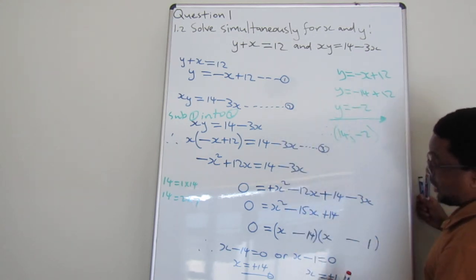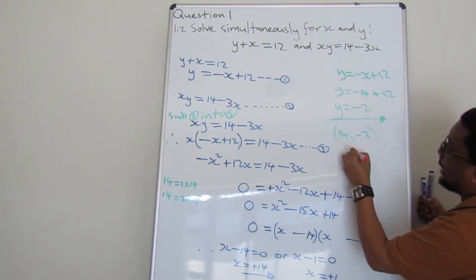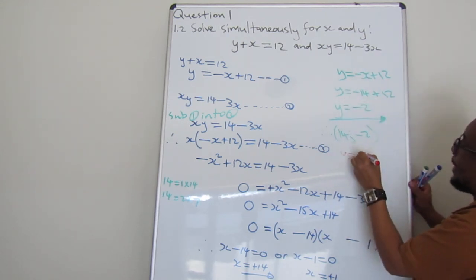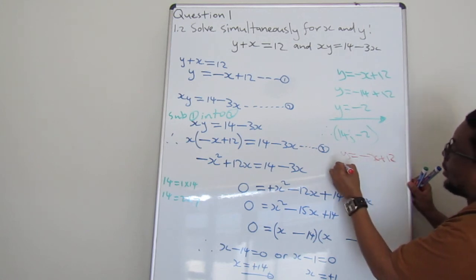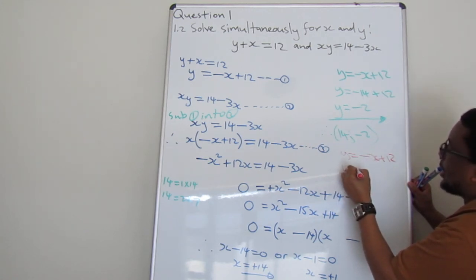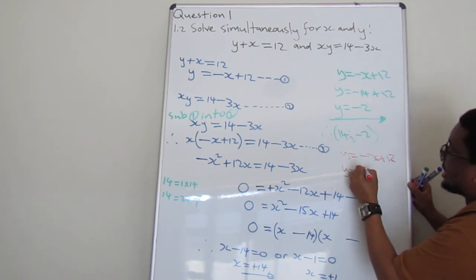Now, what will happen if x was equal to positive 1? We go to the same equation, y is equal to minus x plus 12. Now, y is equal to minus, the value of x is a positive 1. Positive times a negative is a negative.